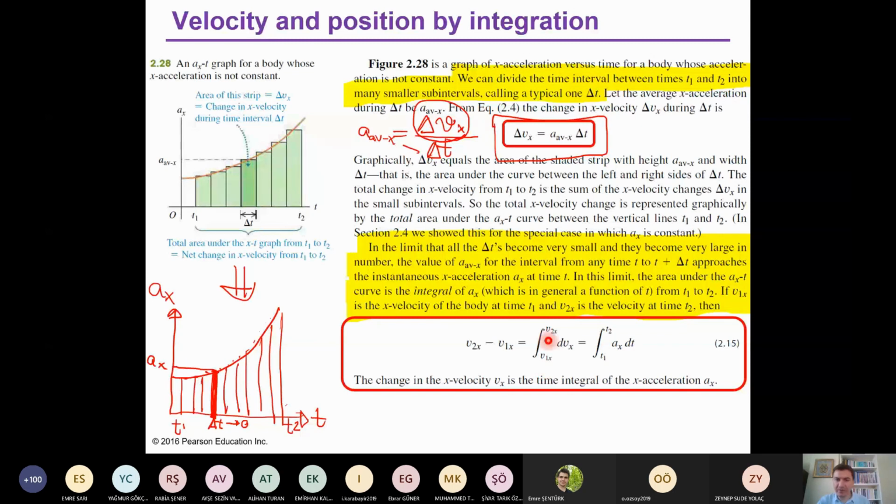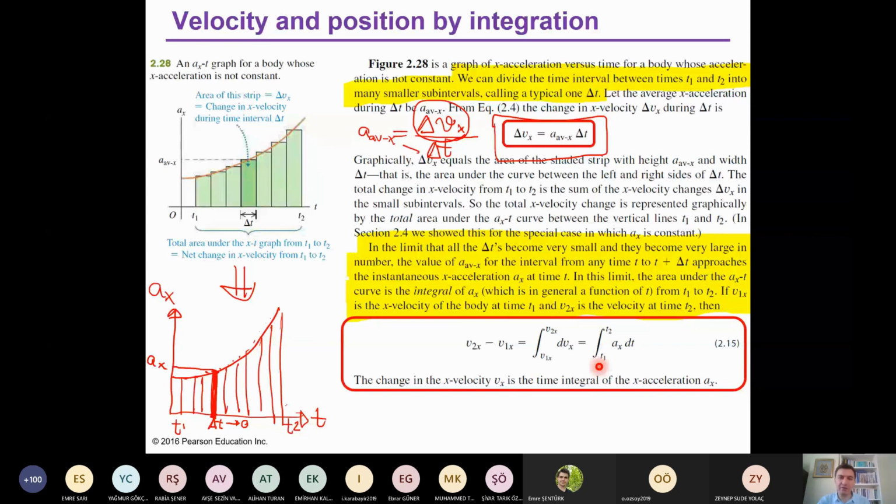Velocity is given by acceleration times time, okay? Now I have limits here from initial velocity to the final velocity, but here I have limits from initial time to the final time because this is a time integral. This is the velocity integral and this is the time integral.